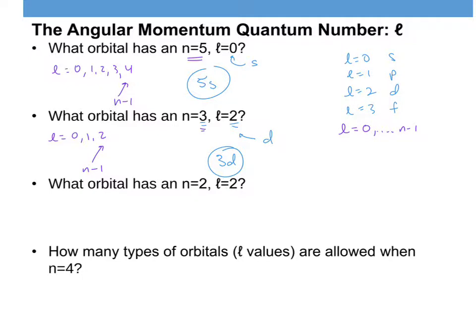Now, occasionally you might be asked a question like this, which is sort of like a trick, I got you question. This one cannot happen. This is not allowed, right? Because your L values for this one, if n equals 2, you can go 0 or 1, right? Because 1 is n minus 1, which means you cannot have an L equal to 2.